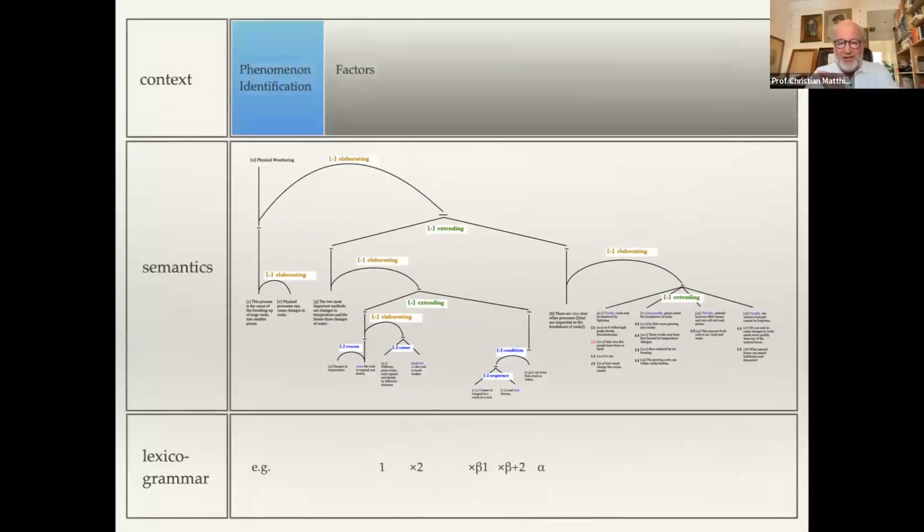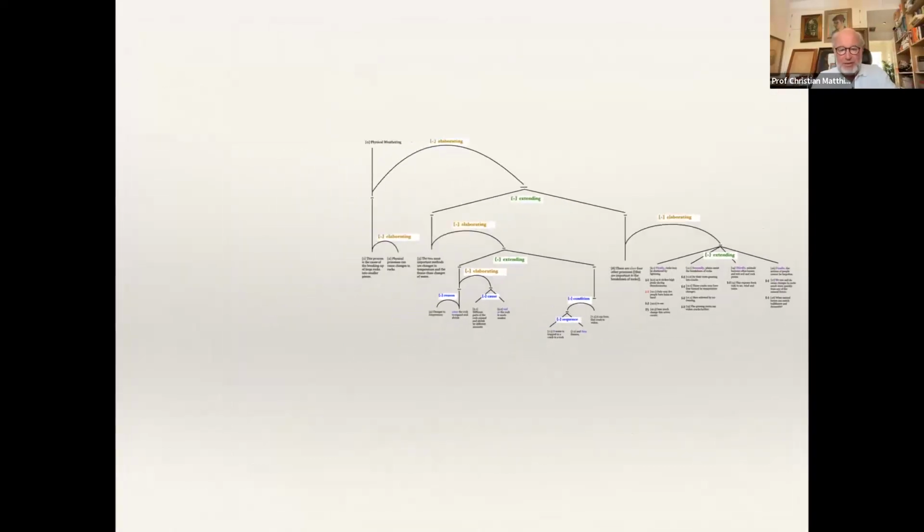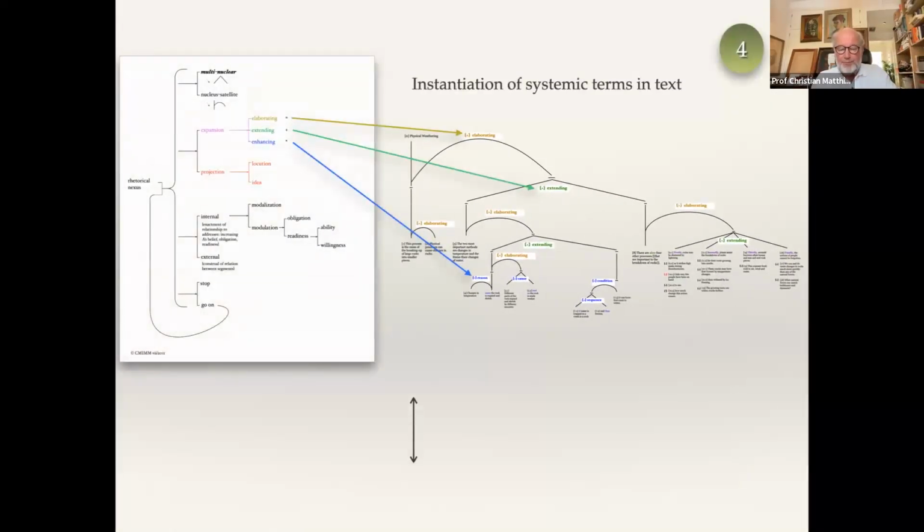So what I'm saying is you have the strategies for expanding the text semantically, rhetorically, or logically, and then you can look up to the context in which it operates, and you can look downwards to the grammatical realization. Or you could go further into graphology or phonology if it's a spoken text.